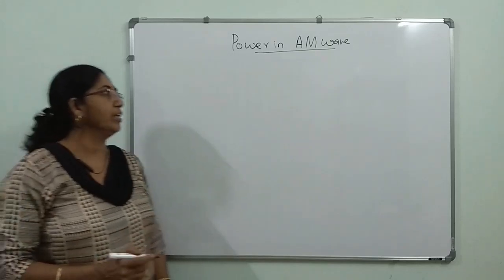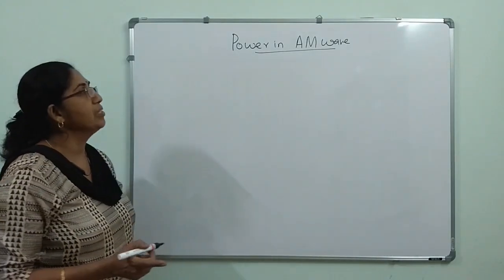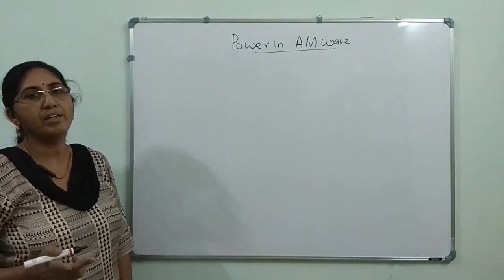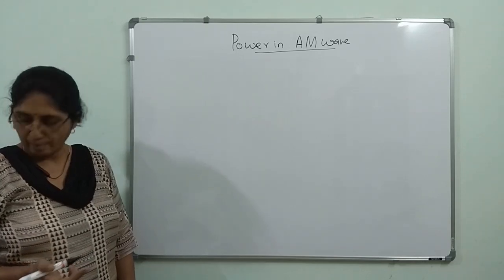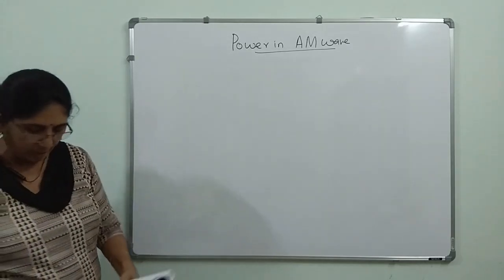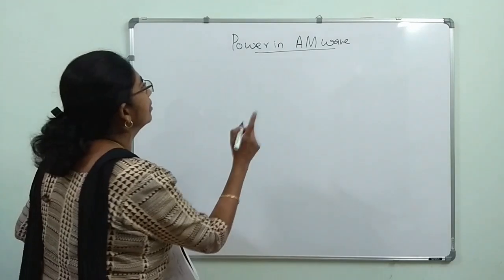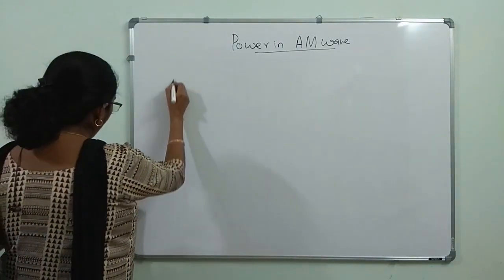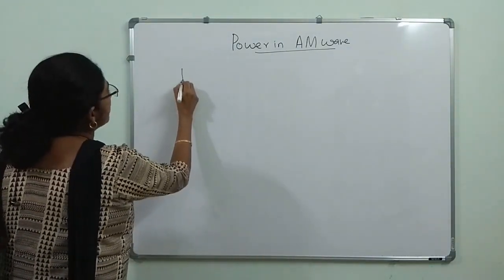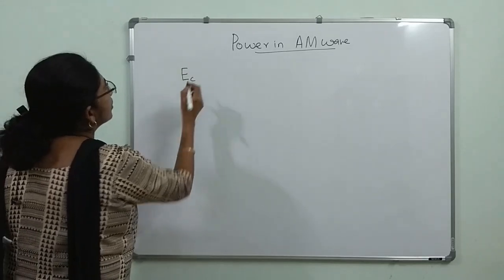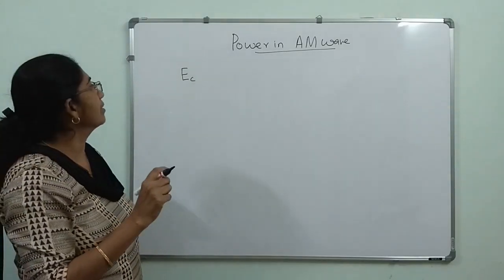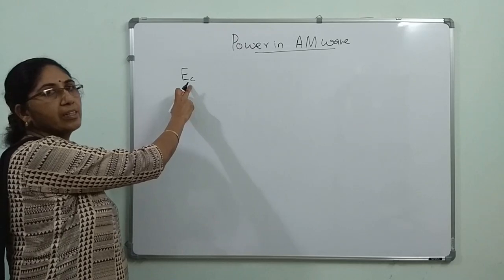So the amplitude modulated wave has got three components. One is the carrier, then you have the upper sideband and lower sideband frequencies. So the amplitude of the carrier wave, that is the voltage amplitude, is EC. You know the expression for the electric voltage, and this is the amplitude of the carrier wave.